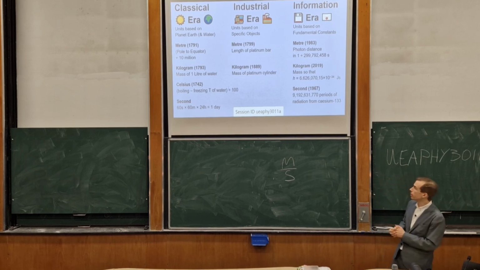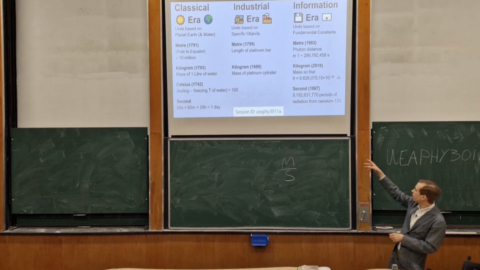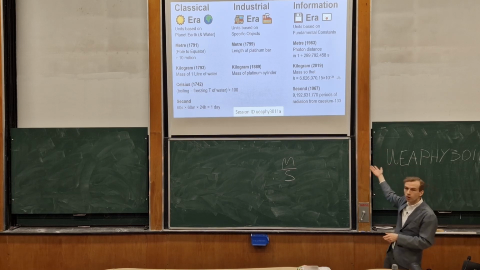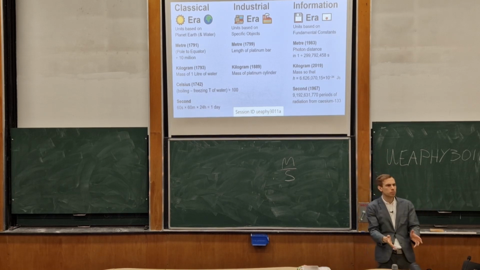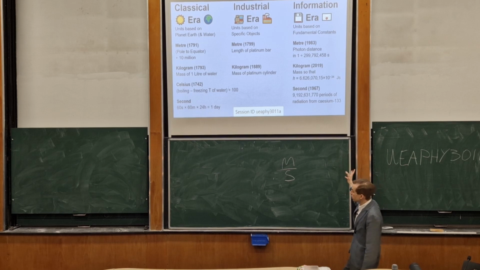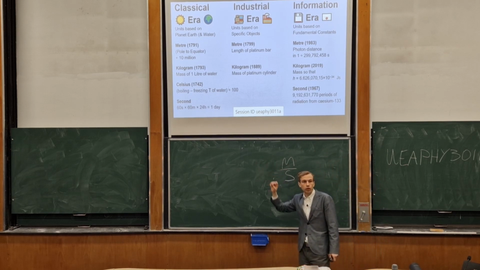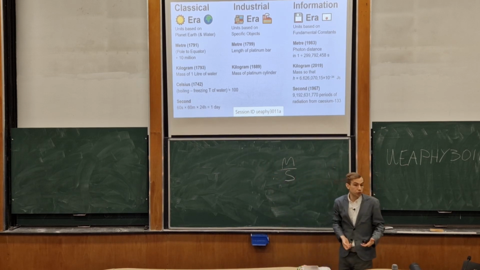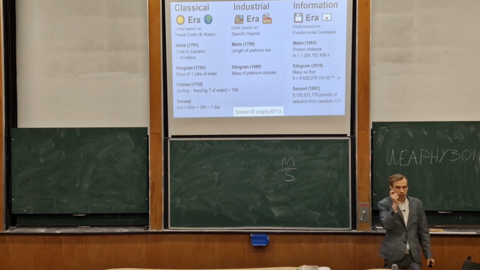And this is the point I want to emphasize with this, that you might say, well, why 9 billion, 192 million, the whole thing? Why not just 10 billion? That would make it a round number, make it a lot easier. And the reason is, with all of these units, to get back to this original definition, they have to match the original definition, but in a form that's going to be more precise and more reproducible.